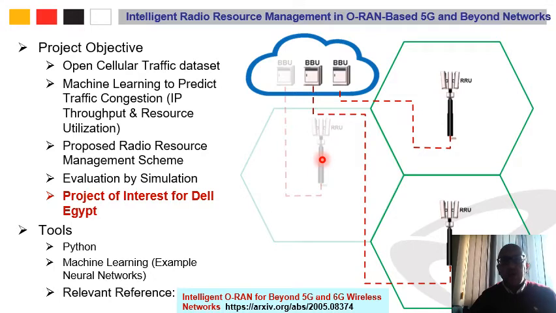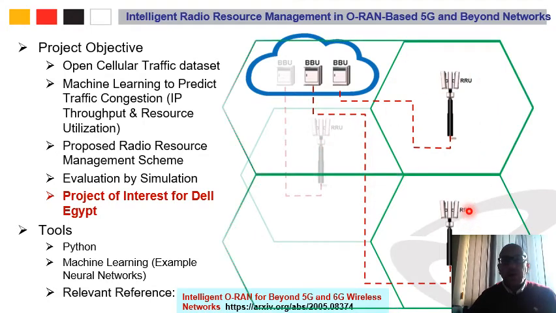So why should I pay all the energy consumption needed to support these users? I'd rather intelligently learn this, and in order to compensate, I can play with the amount of transmission power of these two RRUs to extend the range, such that I can support these 10,000 users, which is a relatively low load to add to the original cell. So this was the original cell. So I expanded it by increasing the communication range or the transmission power of these two RRUs.